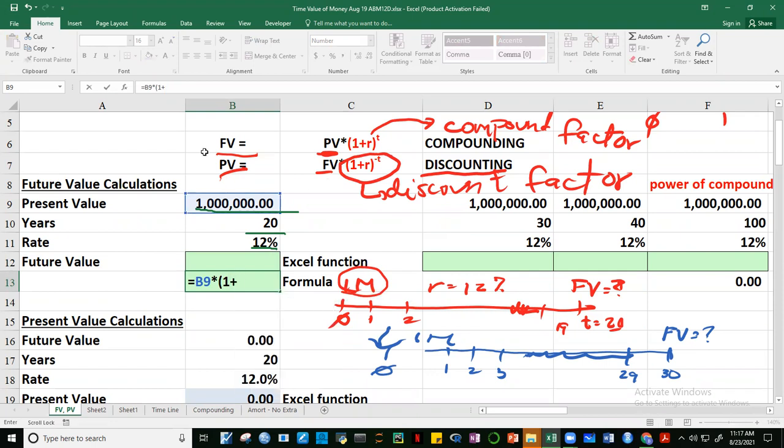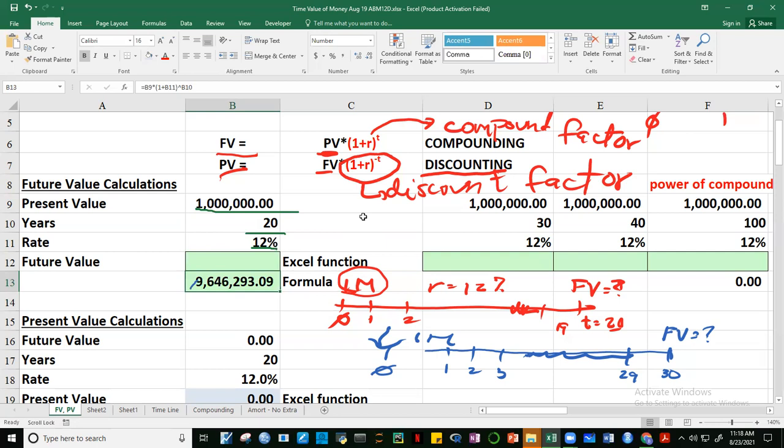Our r is 12% there, and then raised to, the exponent sa Excel, guys, is shift 6. That's our caret. Shift 6, 20. Enter. All right, so anong ibig sabihin yan? Yung 1 million today is the same as 9.646 million in 20 years time at 12%.